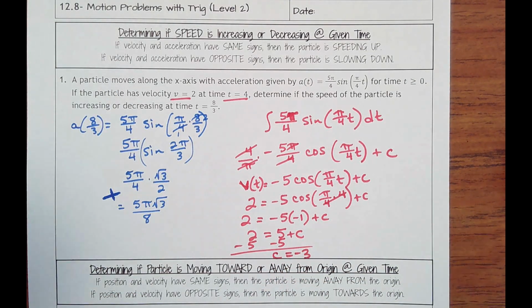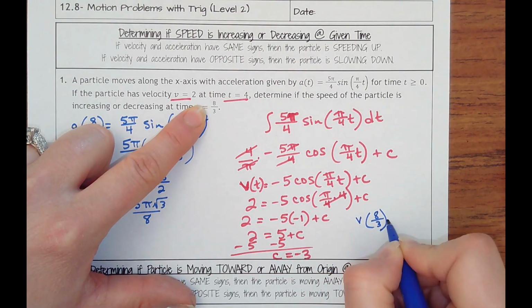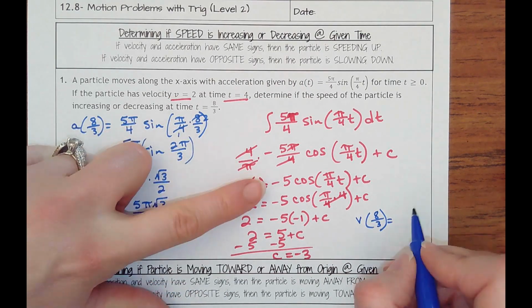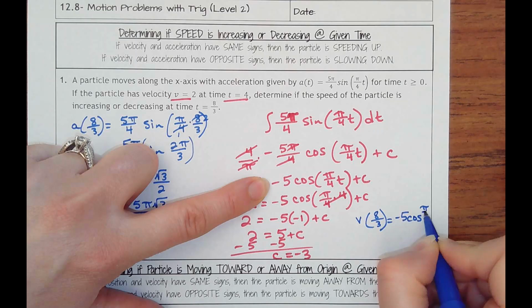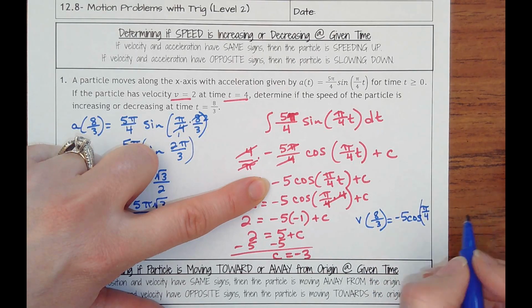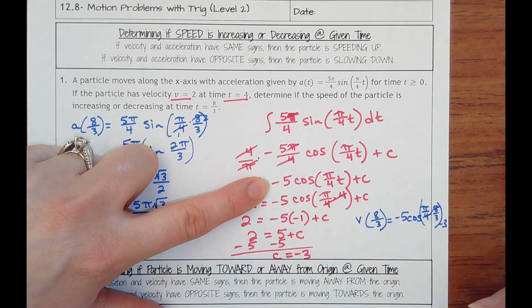All right, so now in velocity, I want to plug in my 8/3. My function is negative 5 cosine of pi over 4 times 8/3, minus 3. 4 and 8 can cross simplify.